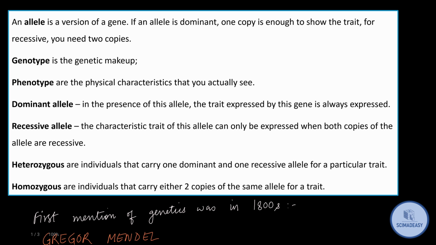The first ones are heterozygous, which carry one dominant and one recessive allele for a particular trait. The other ones are called homozygous. These are individuals that carry two copies of the same allele for a trait, which could be either the dominant allele or the recessive allele.